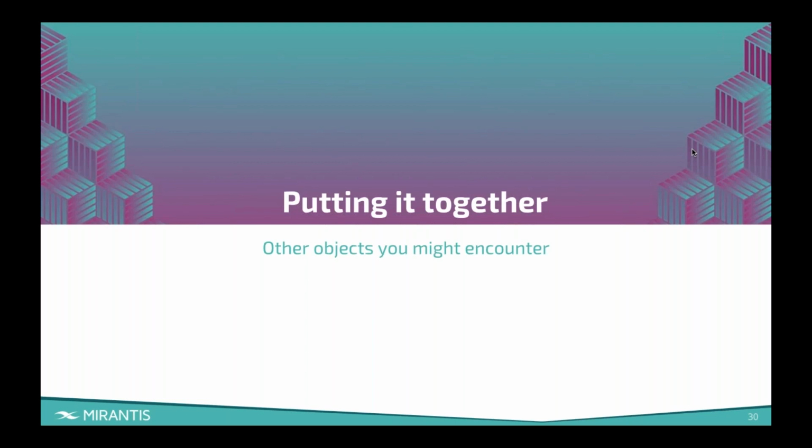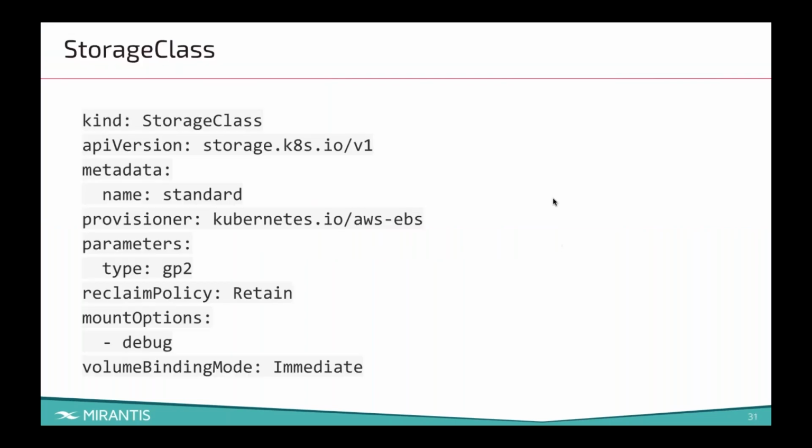So, it's pods and deployments and all that. And we've covered a lot of them so far, and I'm going to show you most of the rest of them in this section. So I can't guarantee we're going to hit everything, but we're going to hit most of them. All right, so other objects you might encounter.